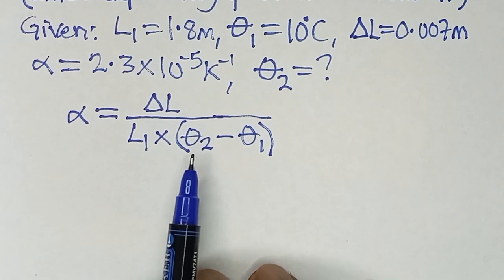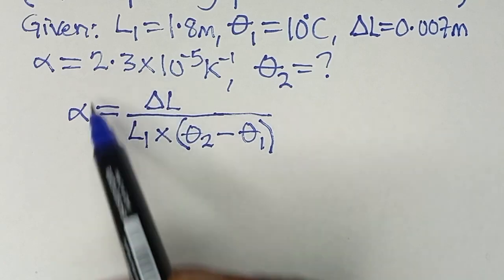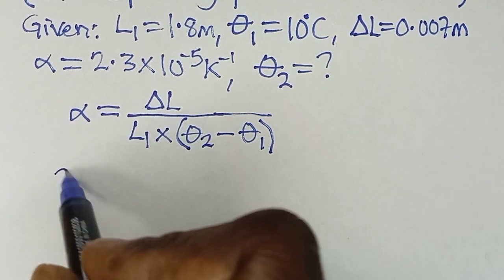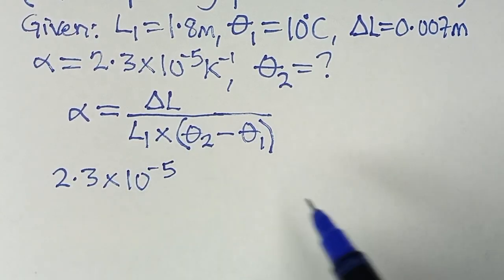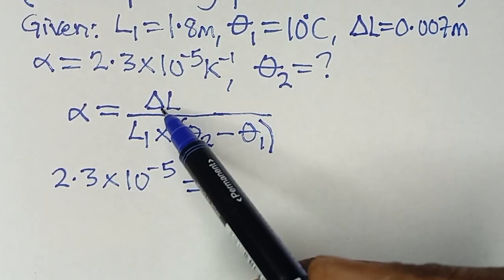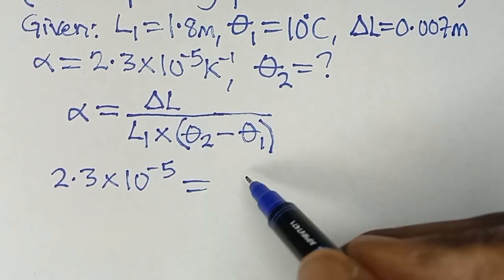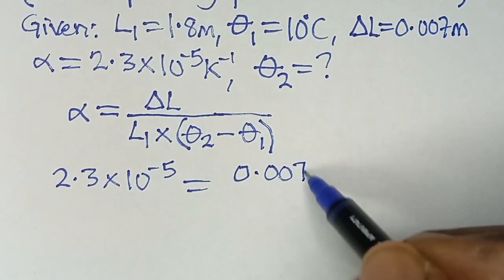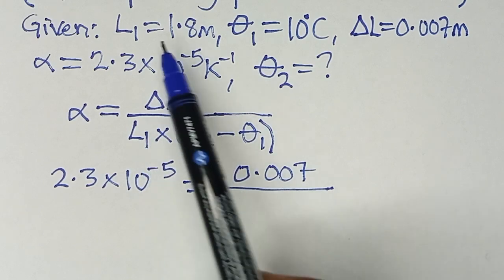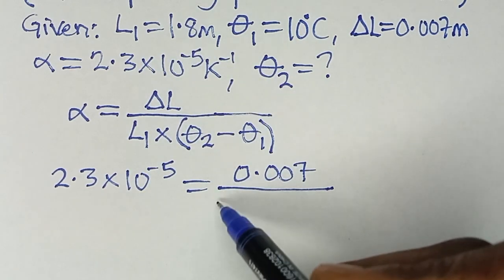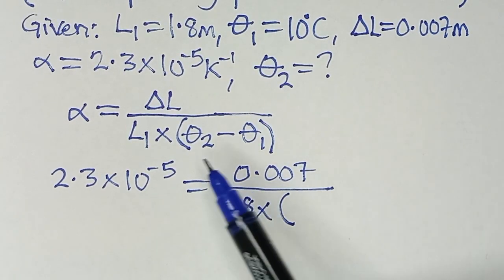So let's go one after the other and see how to substitute and simplify this formula. I'll start by writing the value of alpha, which is 2.3 multiplied by 10 raised to power minus 5, and that is equal to the change in length, which is 0.007, divided by the original length, which is L1, and L1 is 1.8, multiplied by the temperature difference.